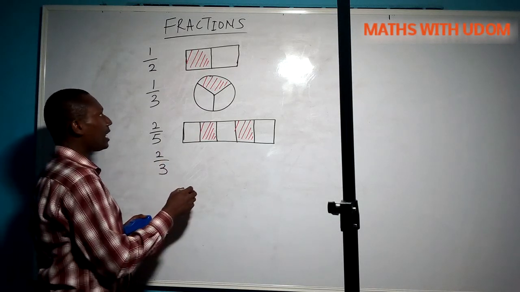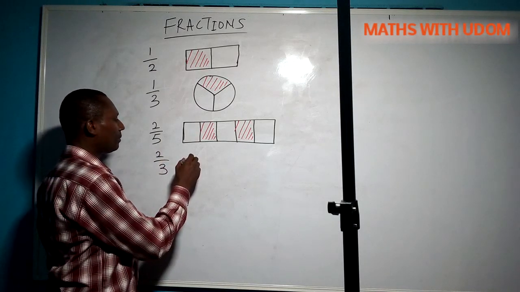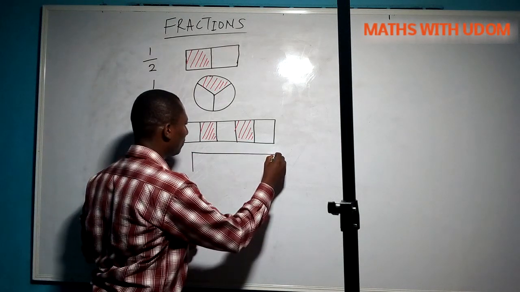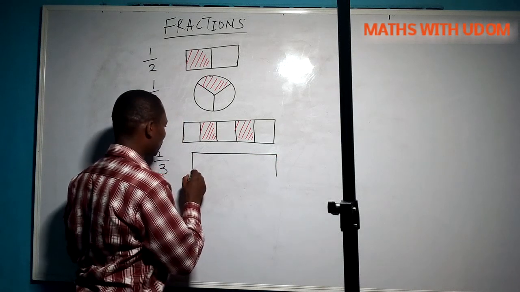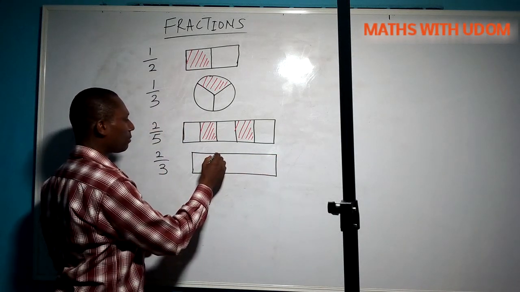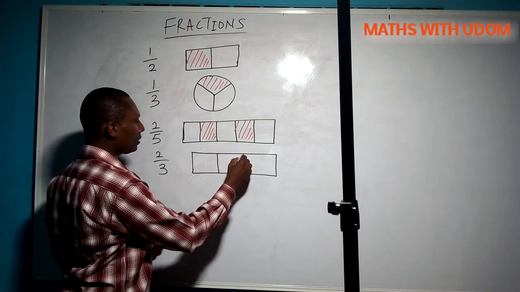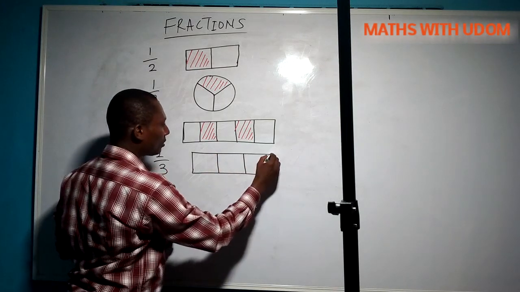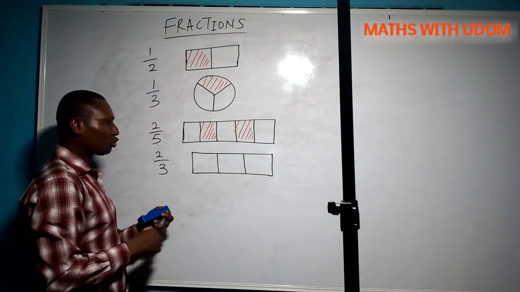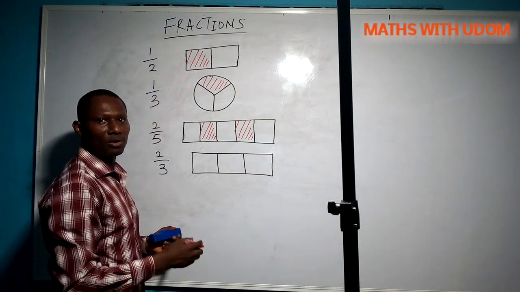2/3. Let's use a rectangle again. So we divide this rectangle into 3 equal parts. First part, second part, and third part. And then you shade 2 portions out of the 3 portions.